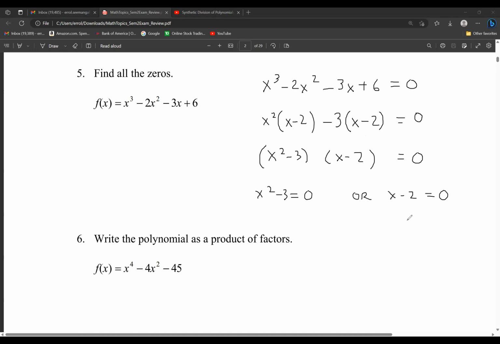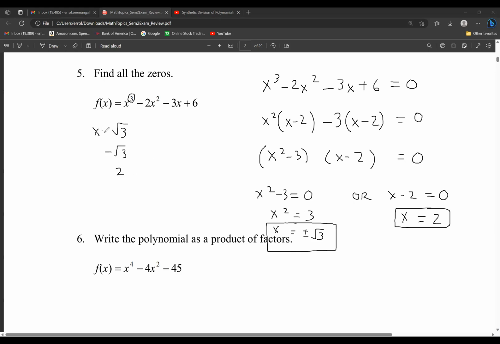So from this one, you'll get x equals 2. And then the other one, you'll get x squared equals 3. Then take the root of both sides. x equals plus or minus root 3. So there are 3 zeros, since 3 is the highest power. One of them is root 3, one is negative root 3, and the other one is 2.